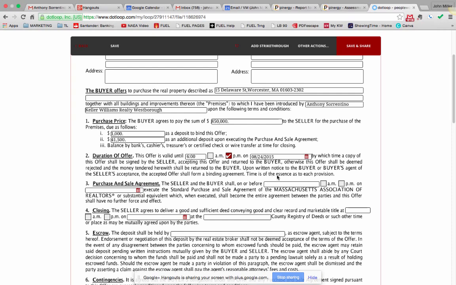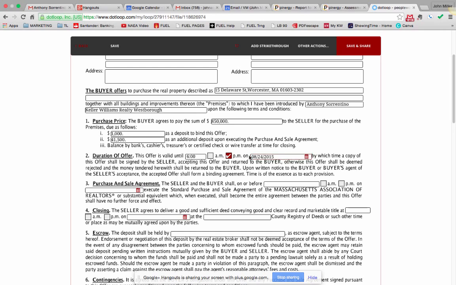Time is of the essence as to each provision. In other words, it's time sensitive. Right. So if they don't do it within this time, there's no deal. If they do it within the time, then we've got a deal. Right. If they sign it after this date, technically you should change this date to a date that's beyond where they signed it. Okay? Right.